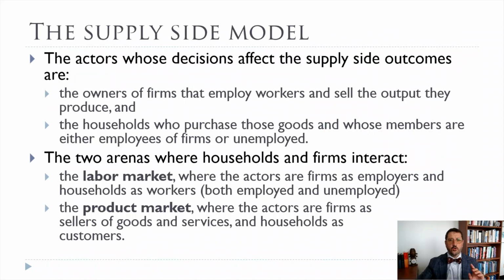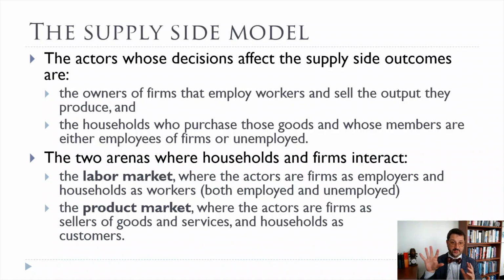And so for the supply side, there's really two big pieces that we want to talk about. So one is the firms. And the firms, of course, are going to hire workers, and those workers are going to work for a wage. They're going to produce goods and services that are going to be sold in the market. And the households are obviously the ones buying it. So just remember that circular flow. Remember that one person's spending is another person's income.